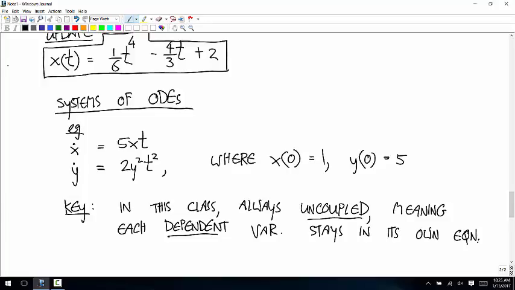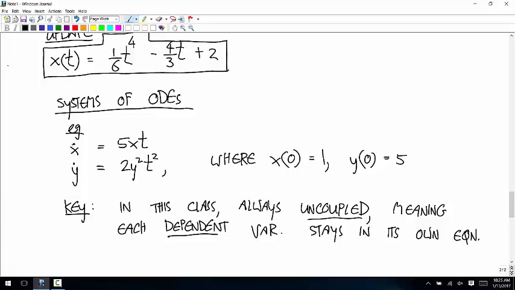You can see that this is an example of an uncoupled system because there's an equation that only deals with x, we have x dot and x, and a separate equation that only deals with the other dependent variable, y.